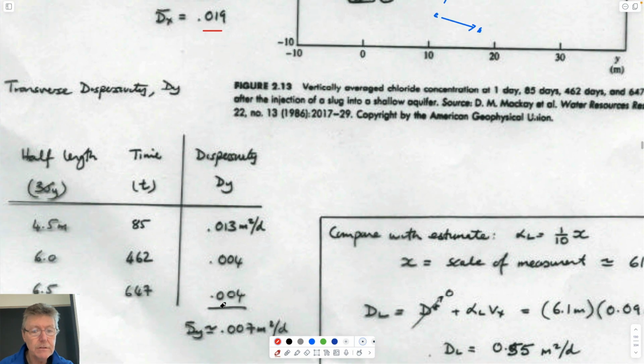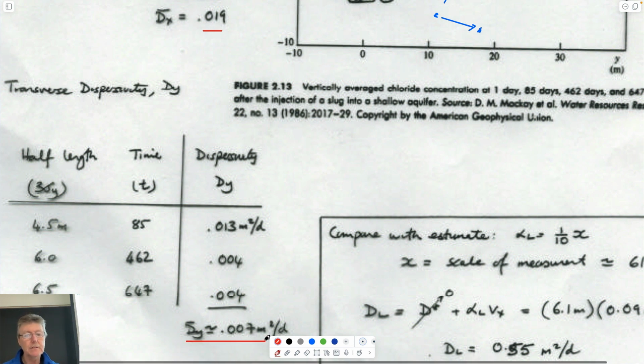The average values of the transverse are roughly a third of that, which is actually very convenient, as it turns out. So d_T is roughly a third of d_L, as it turns out, just from these two numbers. No particular rhyme nor reason to that, but it'll turn out that that's perhaps not a bad rule of thumb.